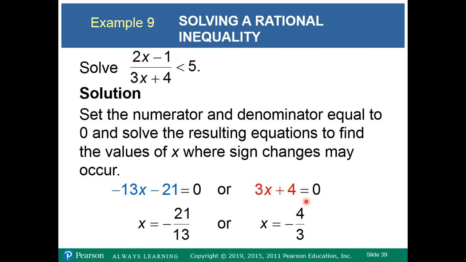So we get x equals negative 21 over 13, or x is equal to negative 4/3.